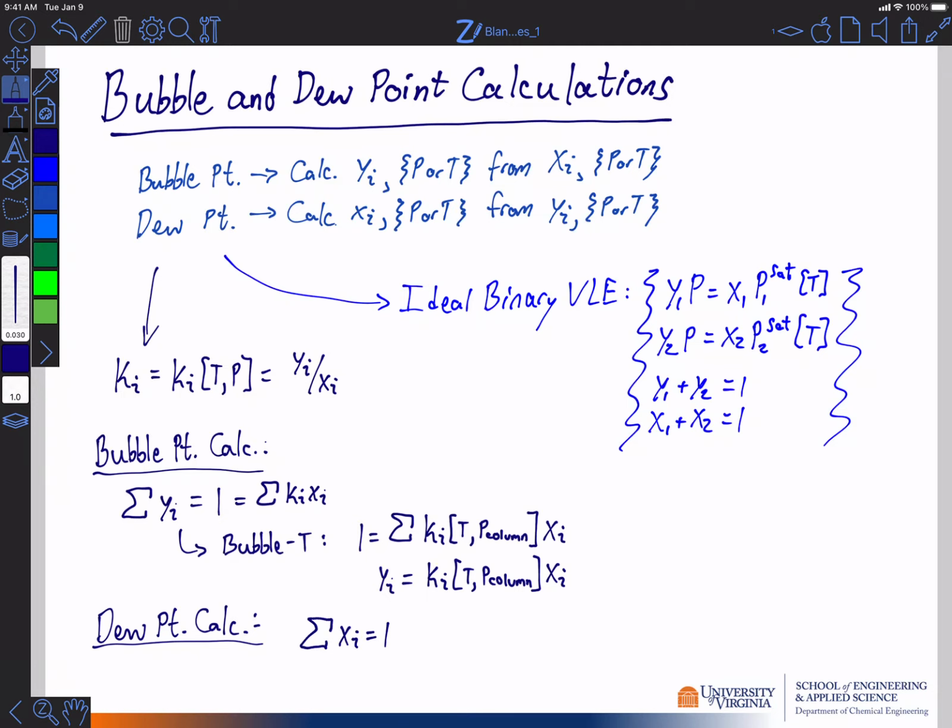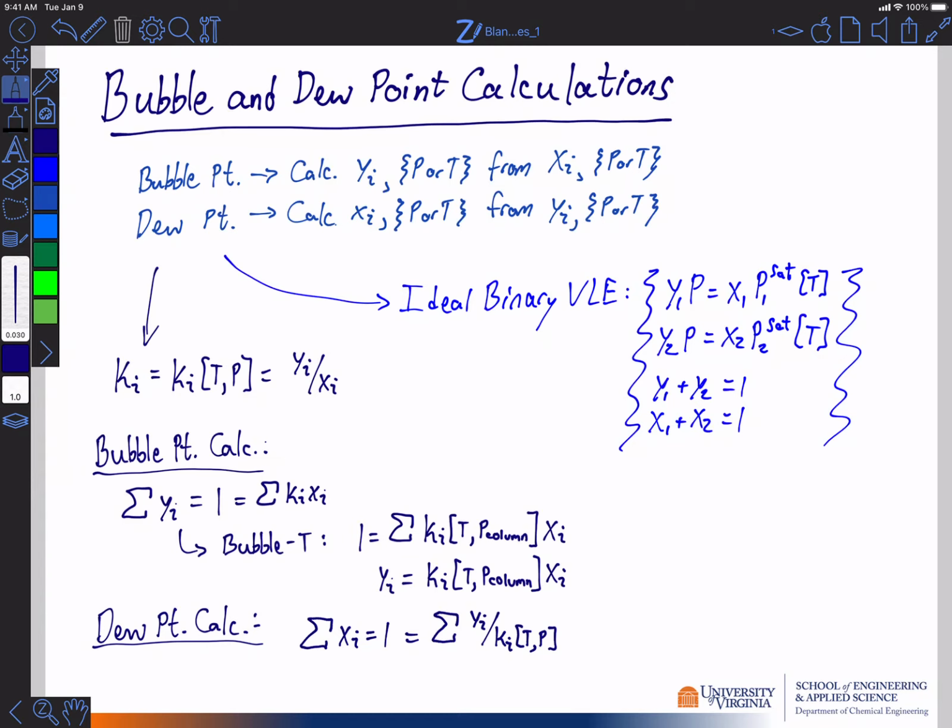And so this is going to tell us that we could come in and have a situation where we sum up all of our yi values divided by the K values. Right? And this would get us an equation that would allow us to do dew point calculations.